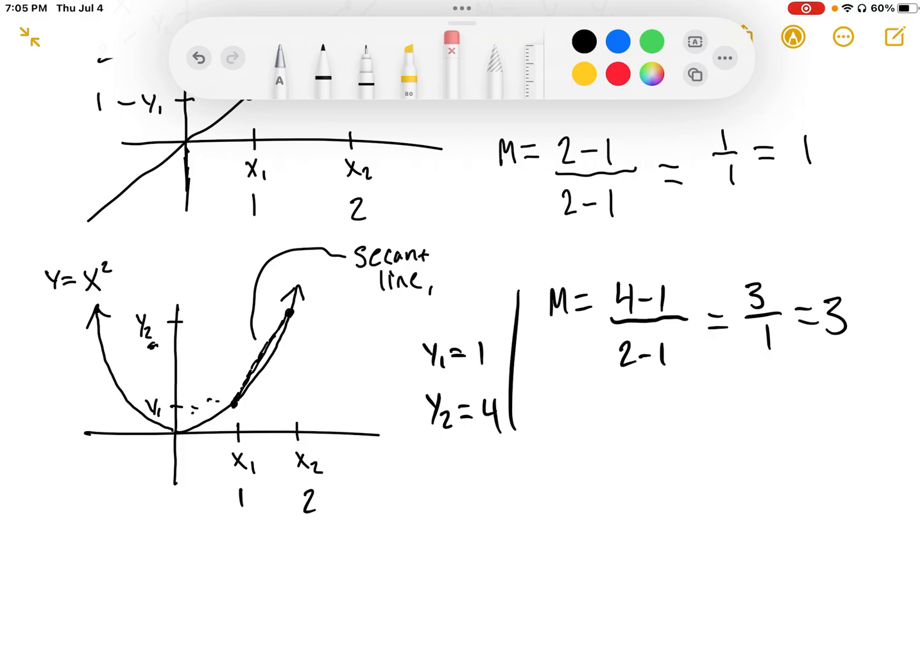So if I wanted to find the slope of, let's say, a point on this curve, for example, right here, we would need the tangent line at this point to say, hey, the slope at this exact point is some number.